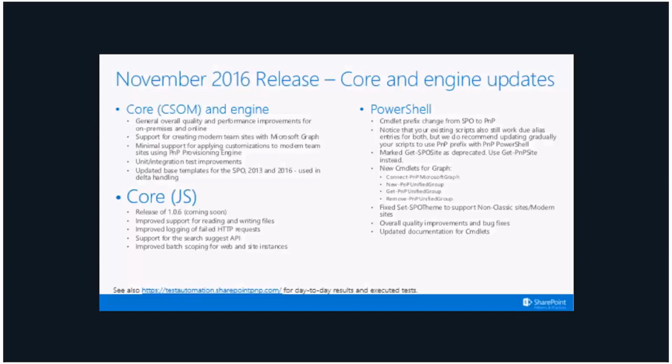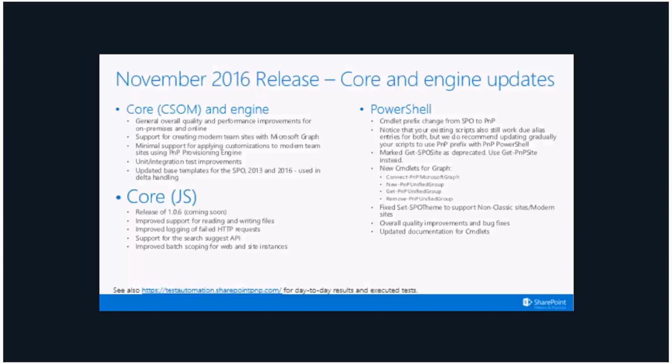This doesn't mean that you need to update any of the existing stuff, because we do have aliases available. So the existing SPO prefix commandlets will work for you in the future as well. But official commandlets have now been renamed as PnP. As an example, Get-PnPWeb or whatever the operation is that you're doing. It's no longer the SPO prefix like it was in the past.